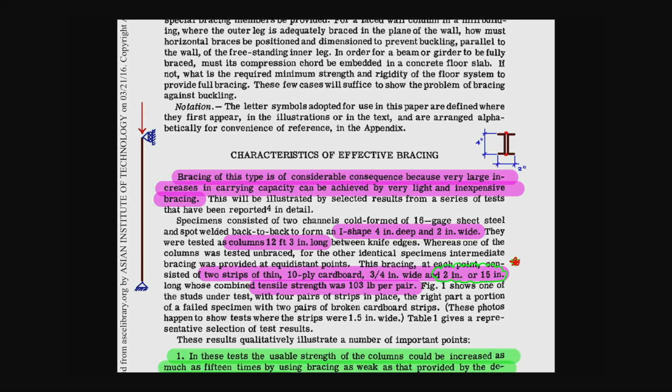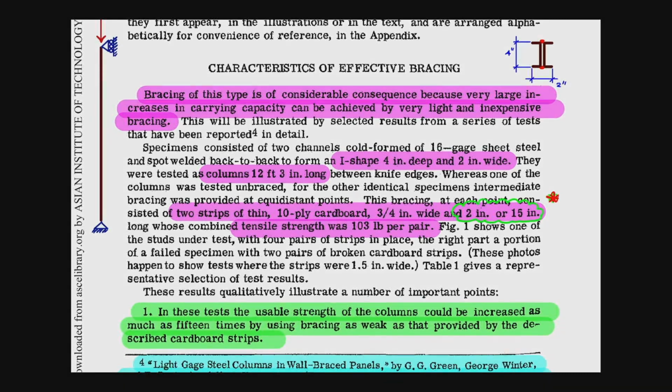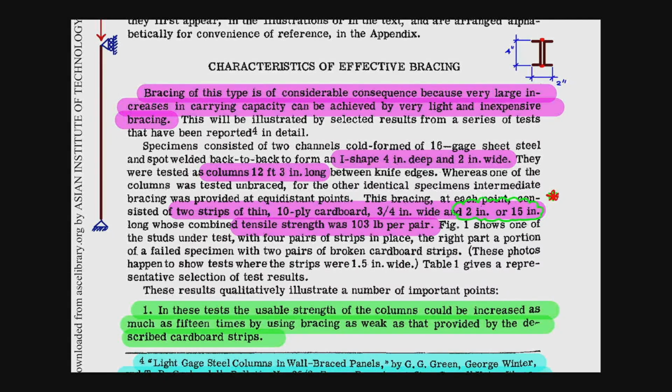Okay. This bracing at each point consists of two strips of thin 10 ply cardboard. So it is made of the cardboard. Cardboard is like the paper used to make the box for shipping.